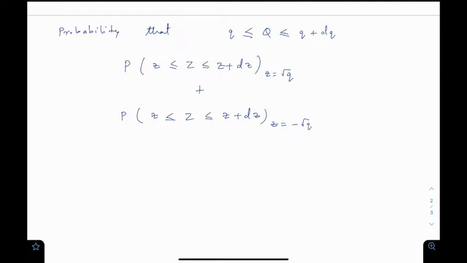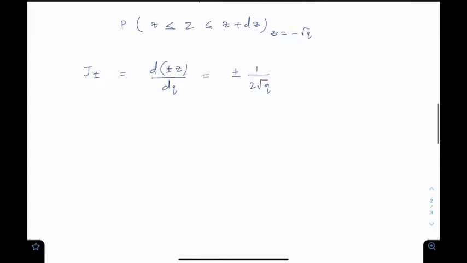Now if you look at the Jacobians for these two transformations, let's denote them by J plus minus. This is d of plus minus z with respect to dq. This can ultimately be written as 1 by 2 root q. And then f of q dq is 1 by root 2 pi exponential of minus q by 2.